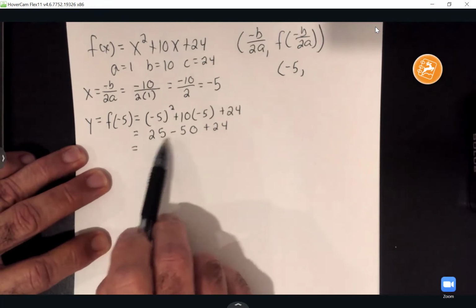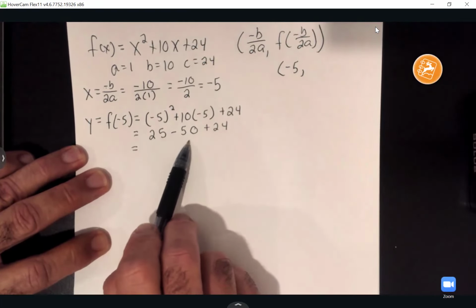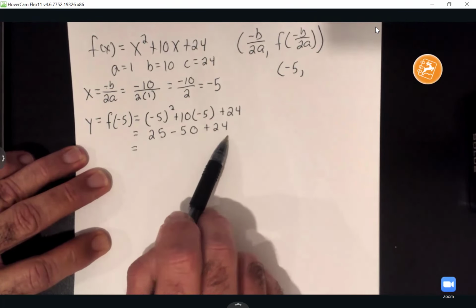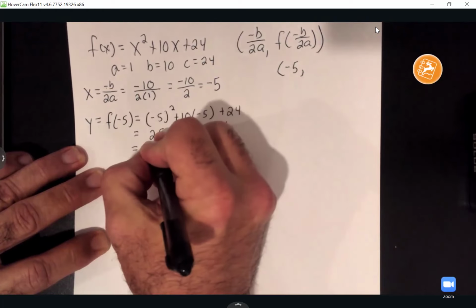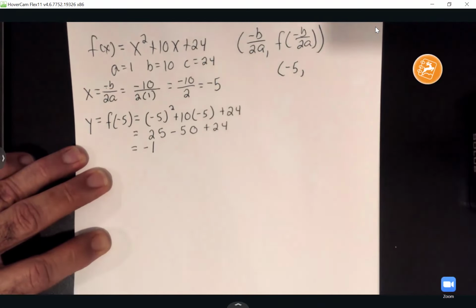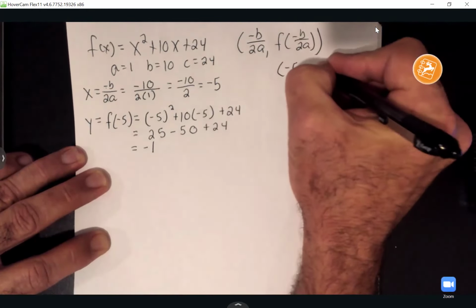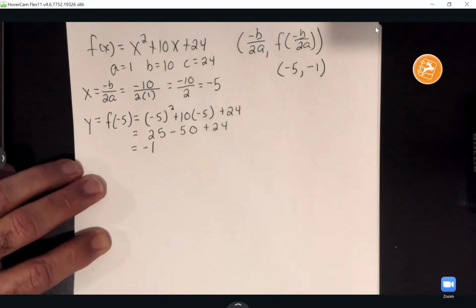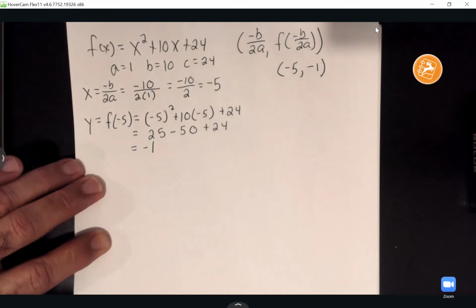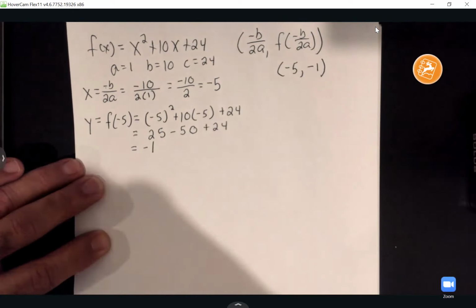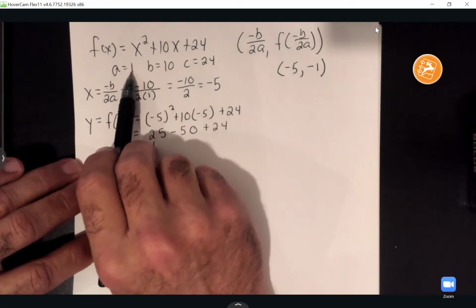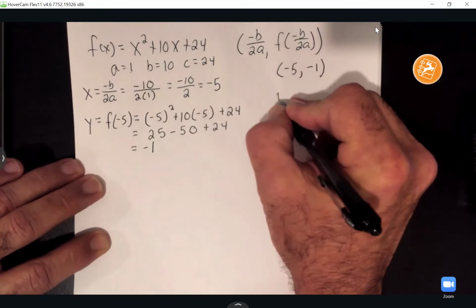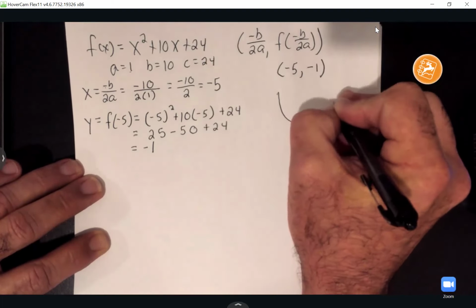All right, y'all, let's see. 25 minus 50 is a negative 25. Negative 25 plus 24 is a negative 1. So my vertex is negative 5, negative 1. Now, y'all remember, if it is a positive a, the parabola is going to open upwards.